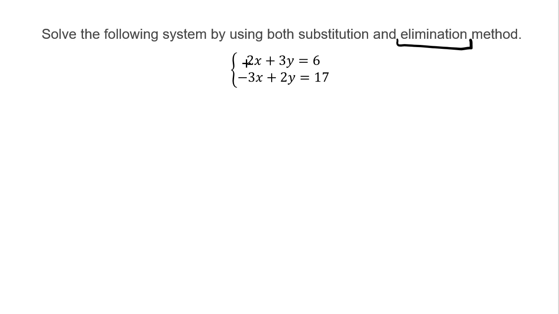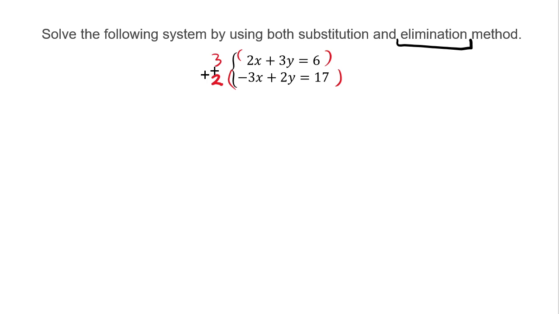And what you do is take the opposite number to the other side. So if I want to match the coefficients of x, I can multiply the first equation by 3 and multiply the second equation by 2. Don't worry about the negative sign, just multiply by these positive values only. The negative only tells us whether you want to add or subtract.